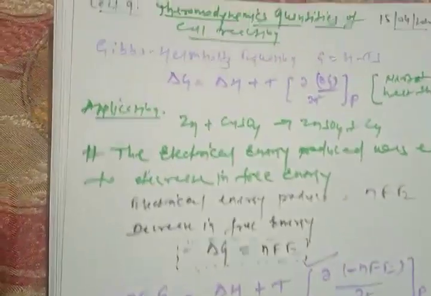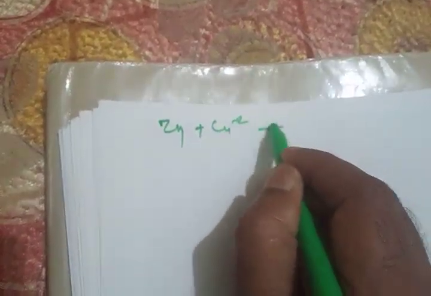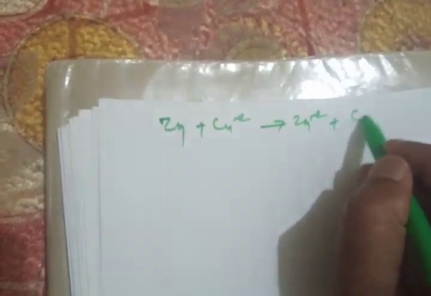Then we have one more, and that is the equilibrium constant. So let's discuss how that equilibrium constant will be calculated. For the equilibrium constant, the equation is Zn plus Cu plus 2, so this will give you Zn plus 2 and copper.